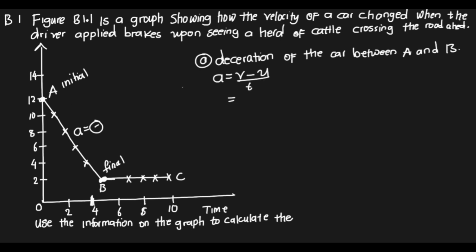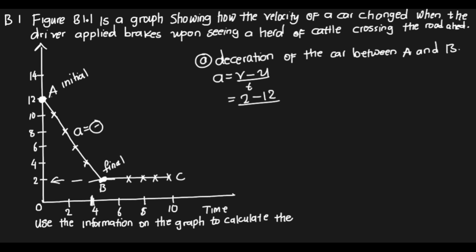Then the final velocity, we are getting it from point B, so we need to go in the y-axis. So the final velocity will have 2 minus the initial, where this line is starting, so we can see that it's 12. So we have 12 over t.